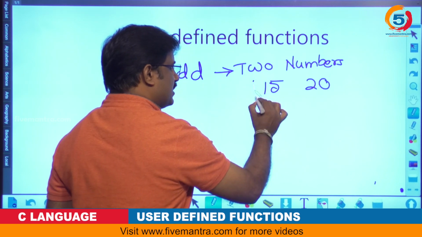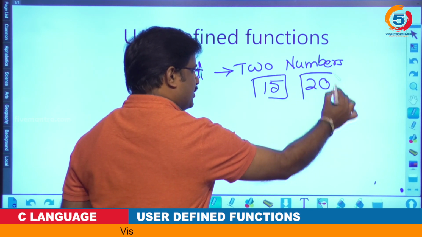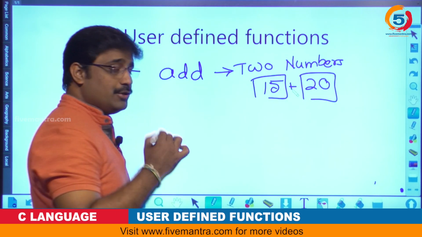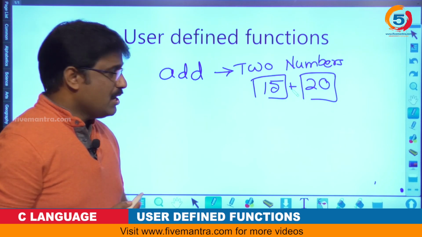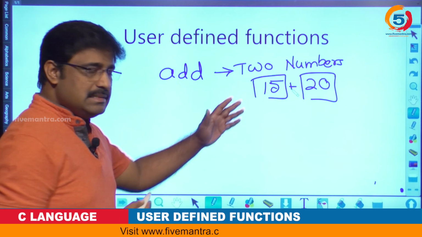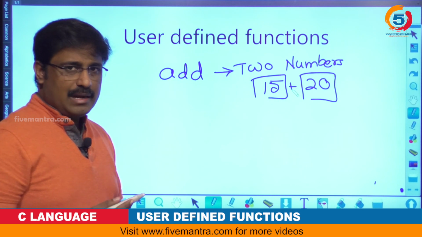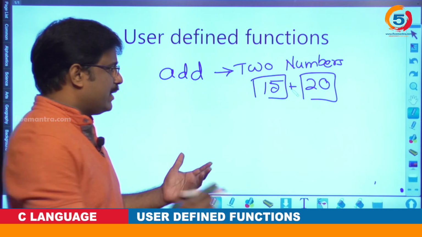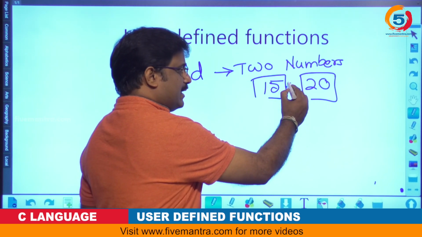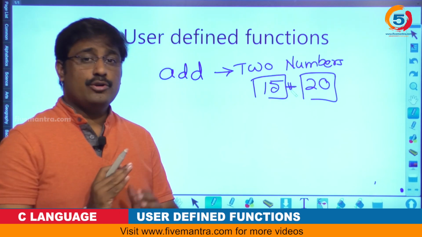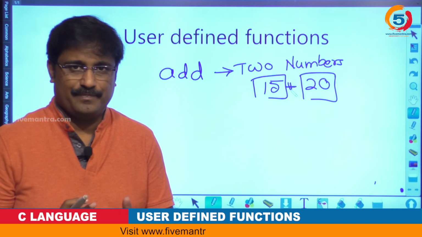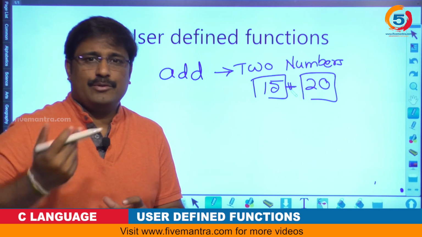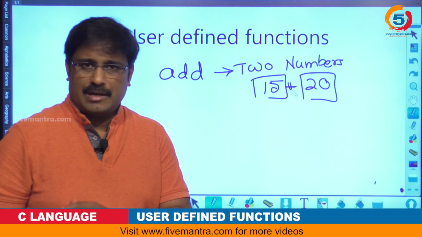I want to do the addition using user-defined functions. You can add these two numbers with the help of the plus operator, it's not a matter, but I want to implement it like a function. Means one task you have to give to your compiler.